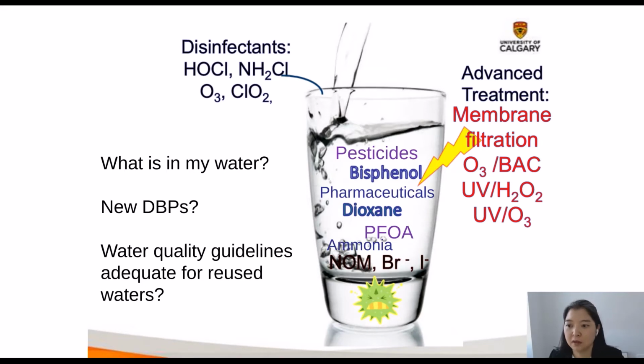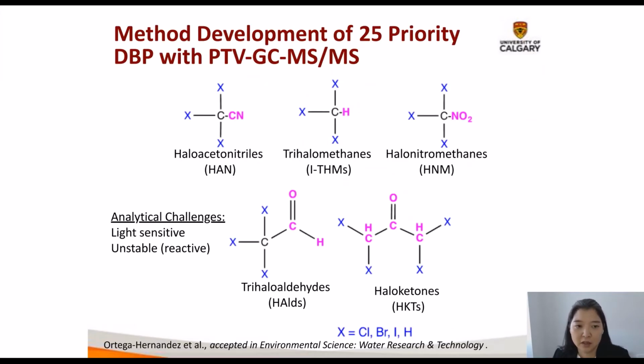And so this is one of the reasons, and one of the things that my research group is interested in, to look into the kind of compounds that are being formed with reused waters. In order to do this, we had to develop highly sensitive analytical methods that could look at disinfection byproducts at low concentrations, especially since emerging contaminants are typically found at low nanograms per liter.